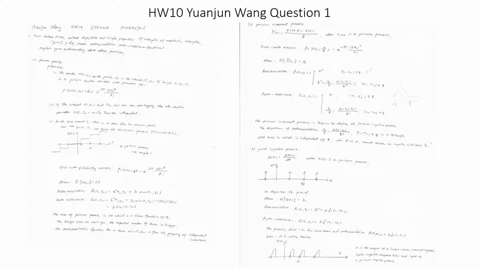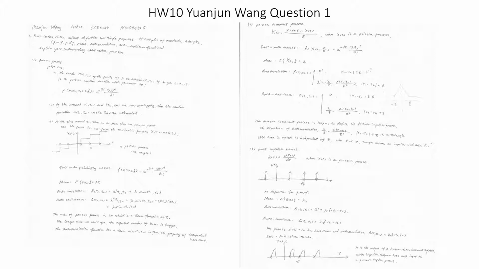The autocorrelation is R of t1, t2 equal to lambda squared t1 t2 plus lambda times the minimum of t1 and t2. The autocovariance is C of t1, t2 equal to lambda squared t1 t2 plus lambda times the minimum of t1 and t2, minus lambda t1 times lambda t2, which is equal to lambda times the minimum of t1, t2.